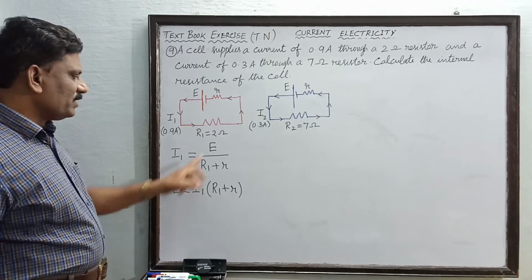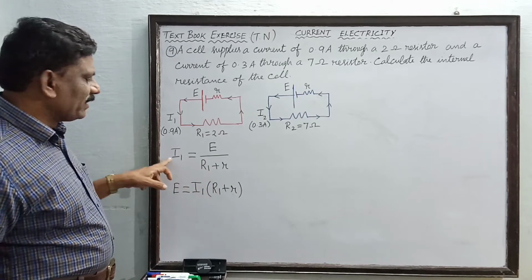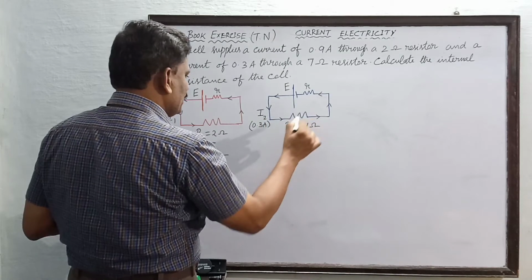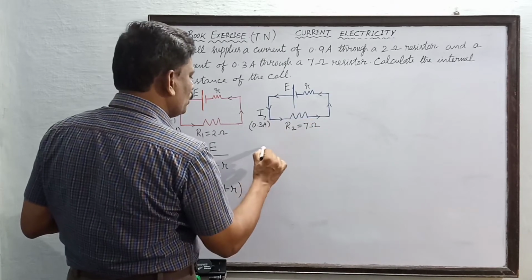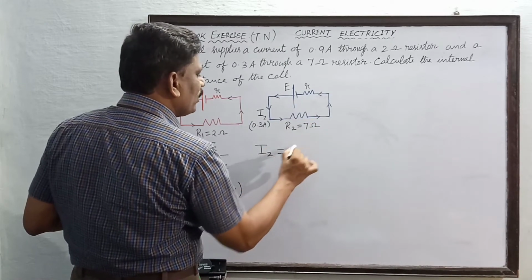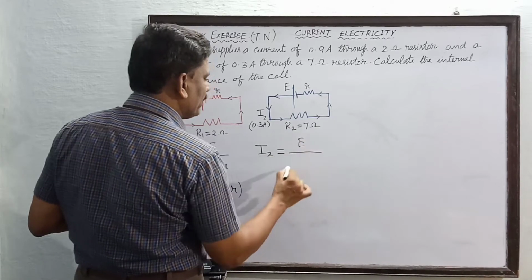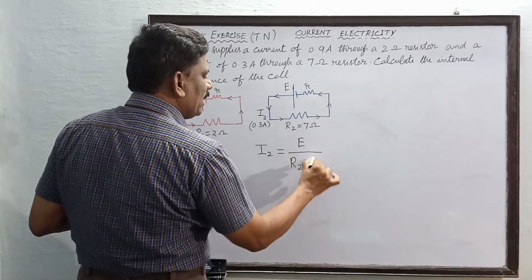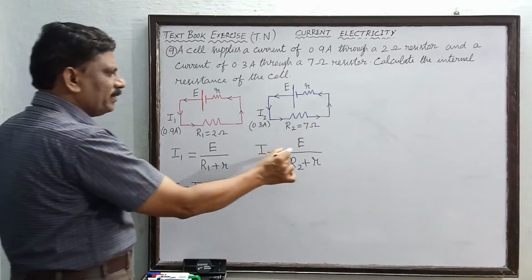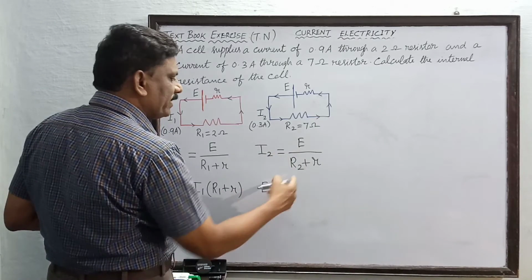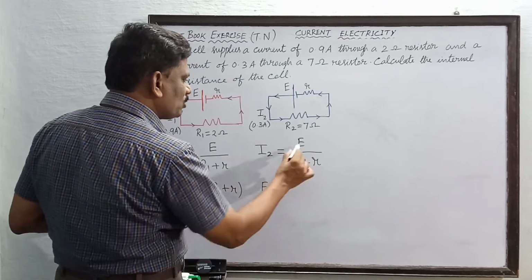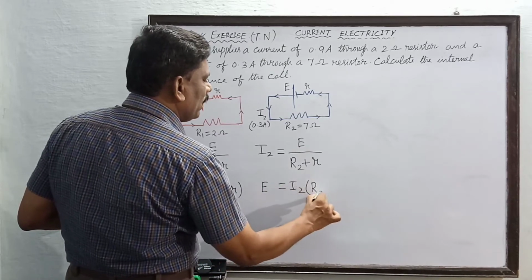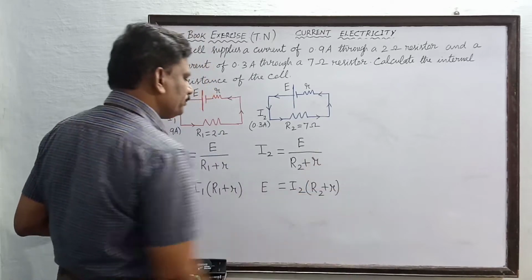Similarly, in the second circuit, the current is I2, so I2 is equal to EMF E divided by R2 plus small r. Taking the denominator to the left hand side, EMF E is equal to I2 into R2 plus small r.